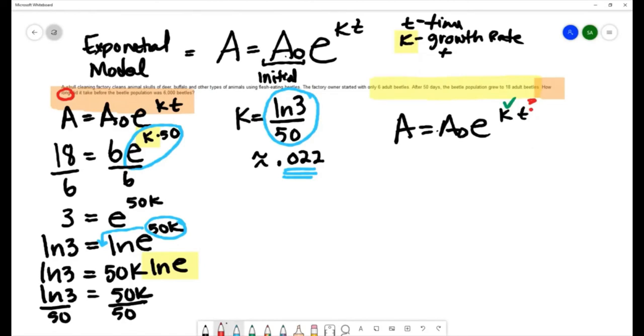And so then we've got how long does it take for the beetle population to reach 6,000? So that is our value of A. That's going to be the 6,000. Our initial population, remember, is 6. 6 beetles to start with. So we have everything except for the variable we're trying to solve for.